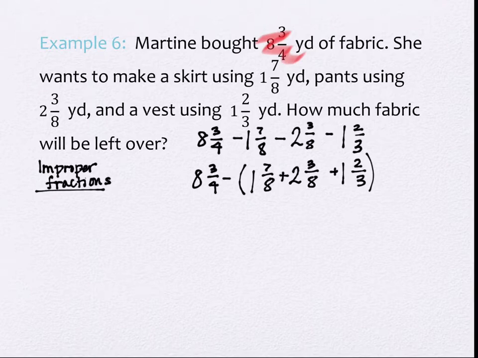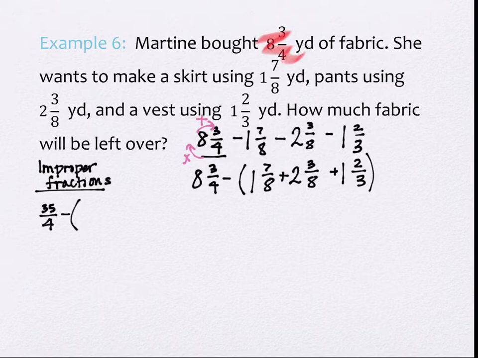I need to change them into improper fractions first, but eventually I need all to have the same denominator. So I have 8 3/4, and if you'll remember from last time, we multiplied and then we added all the way around. So 8 times 4 is 32 plus 3 is 35 over 4. So that's my first one.